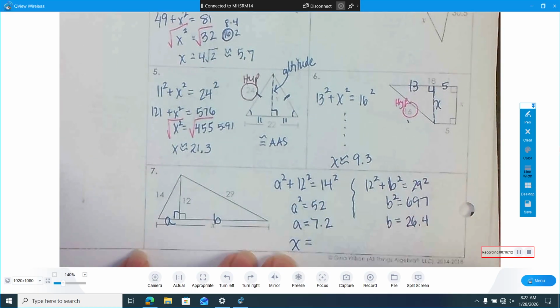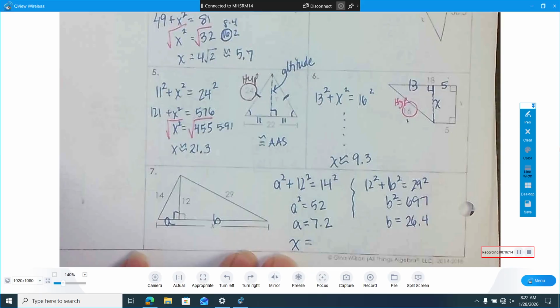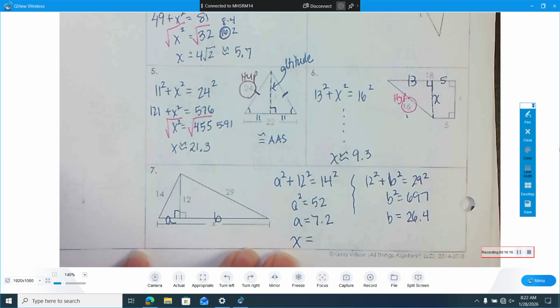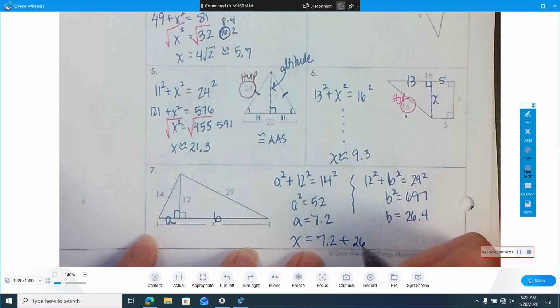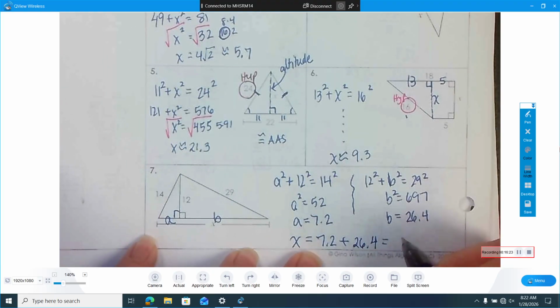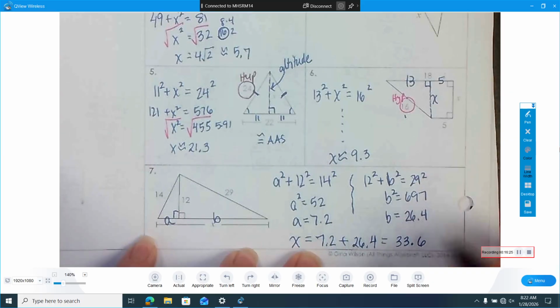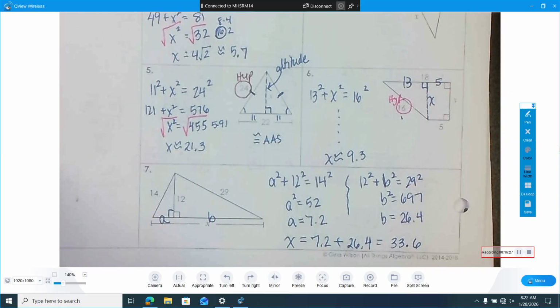So how do I figure out X? Add them up. So 7.2 plus the 26.4, and I get 33.6. So finding those triangles is a good thing to do. Questions so far? Good. All right.